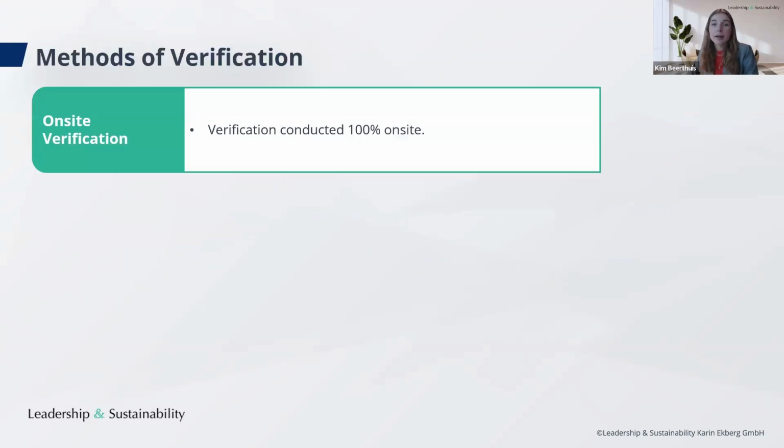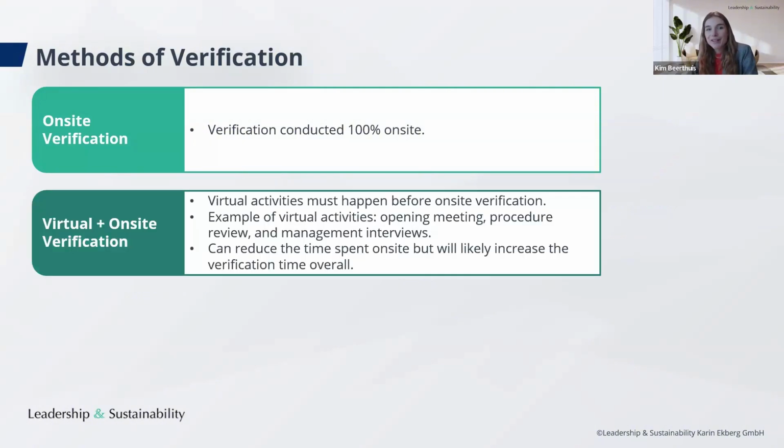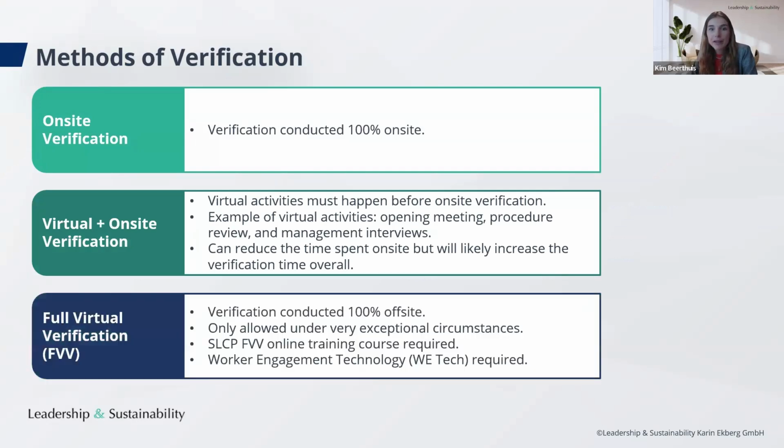Generally, the verification can take place on-site, in a hybrid form, or remote. An on-site verification is conducted completely on-site. A hybrid verification allows for virtual meetings prior to the on-site verification. That means that opening meeting, procedure review, and management interviews can be conducted virtually. And this allows for time savings during the actual on-site visit.